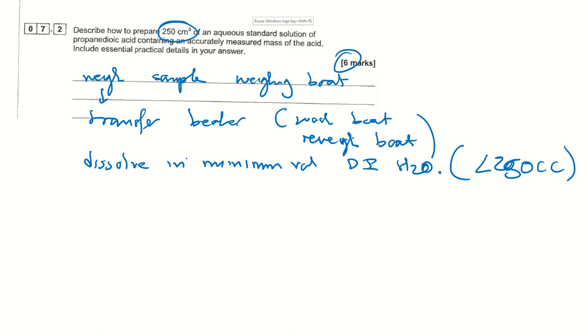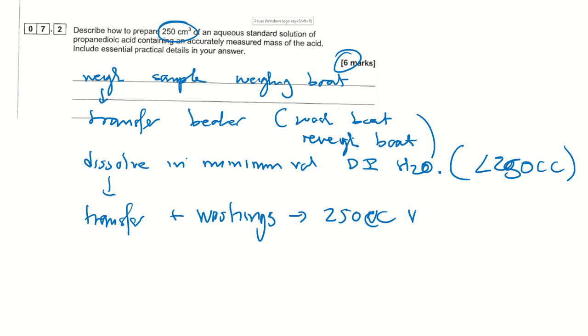Okay, so if you do specify a volume, it must be less than that. Right, you then transfer all of that, and you also transfer the washings from that into a 250 cubic centimeter volumetric flask, and you must quote the size of the flask.